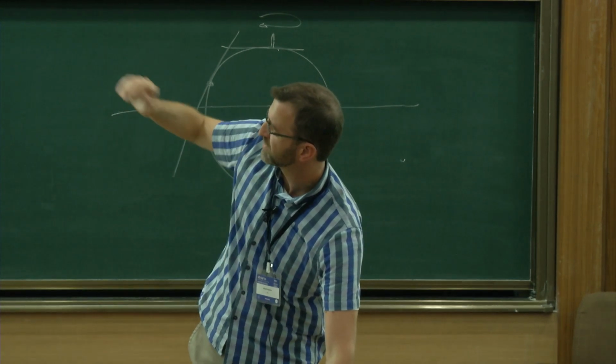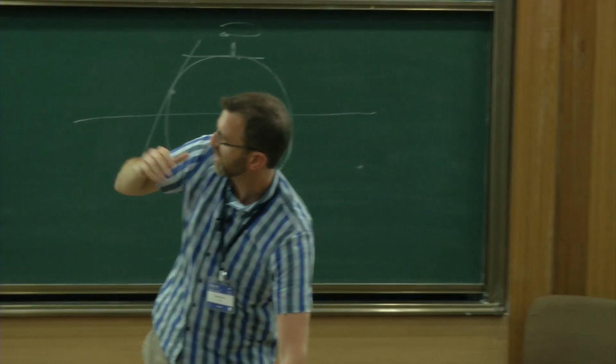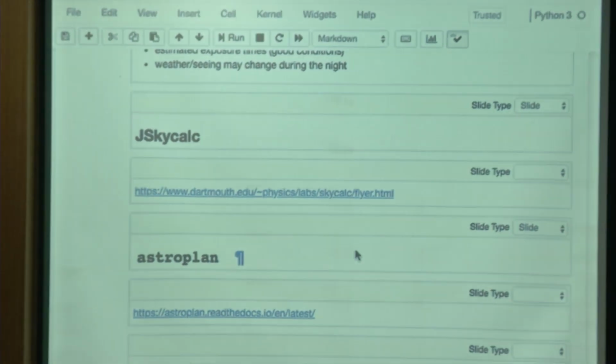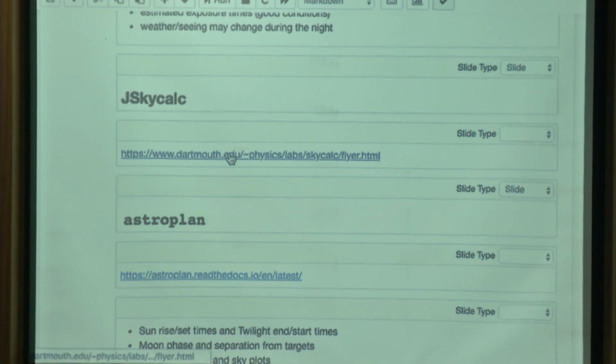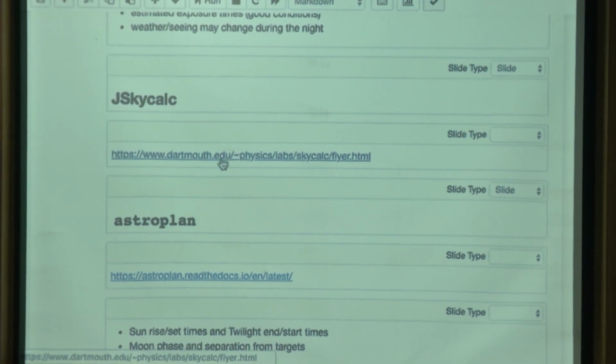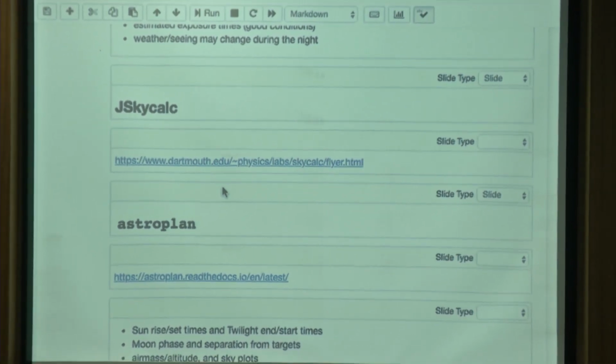There are some nice tools out there that can help you plan your night and work on it during the night to come up with what you're going to do next. I like this little package called JSkyCalc. I've been using that for a long time.